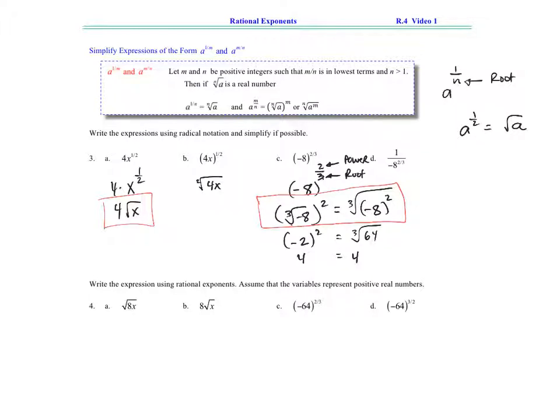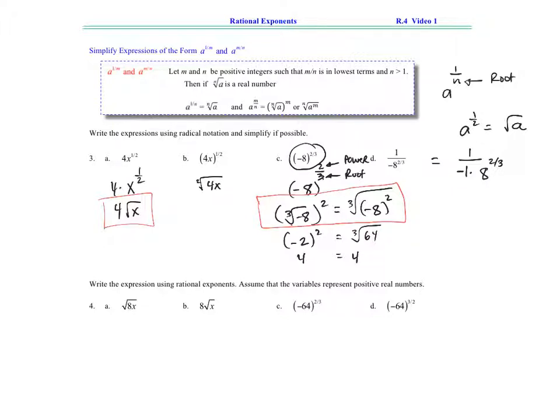On this next one, we have 1 divided by -8 to the 2/3. But here it is -1 multiplying times 8 to the 2/3. That's different than if I had the whole entire -8 taken to the 2/3. So just be careful.